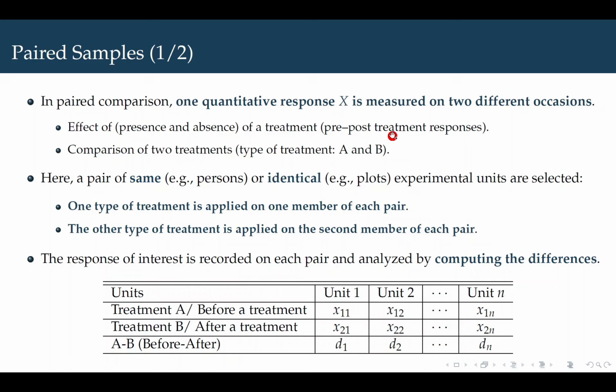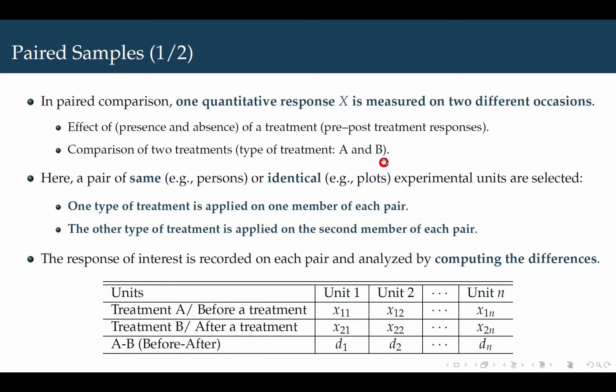Paired sample is also applicable for the comparison of two different types of treatments, let's say treatment A and B. So here the first treatment, treatment A, may be applied on the units of interest, and then the response of interest will be recorded.